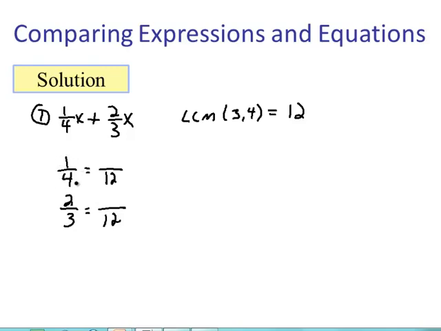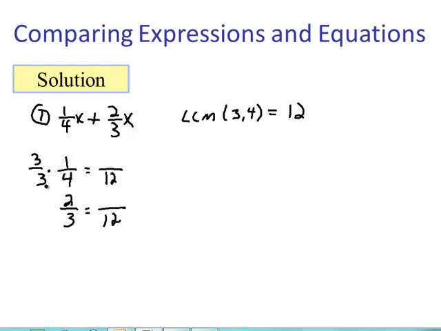To change 1/4 into some number over 12, we ask what we multiply 4 by to get 12. That's 3. But if I multiply the denominator by 3, I also have to multiply the numerator by 3. Now 3 over 3 is the same thing as 1, so I'm not changing this fraction.